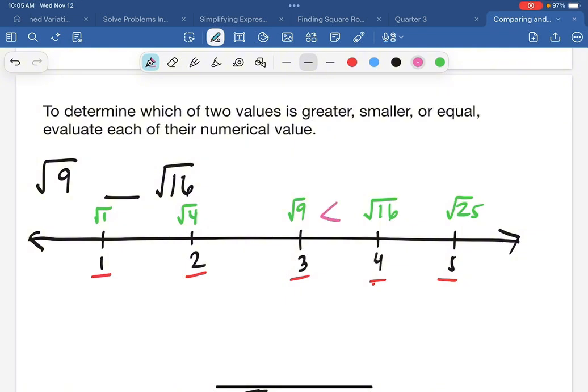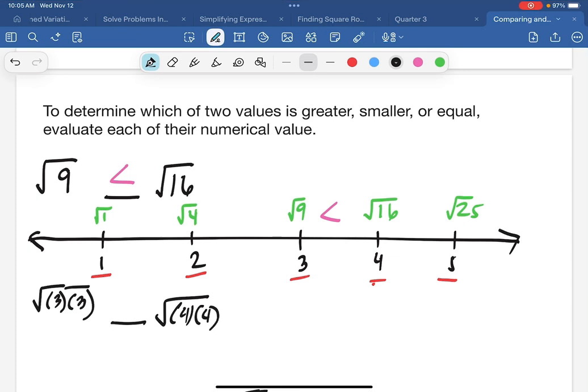So based on the number line, it is obvious that the square root of 9 is less than the square root of 16. So here's the correct answer. Now, this option is based on the number line. If you want to evaluate this numerically, by breaking it down or expanding it, we have 3 and 3, and also 4 and 4.